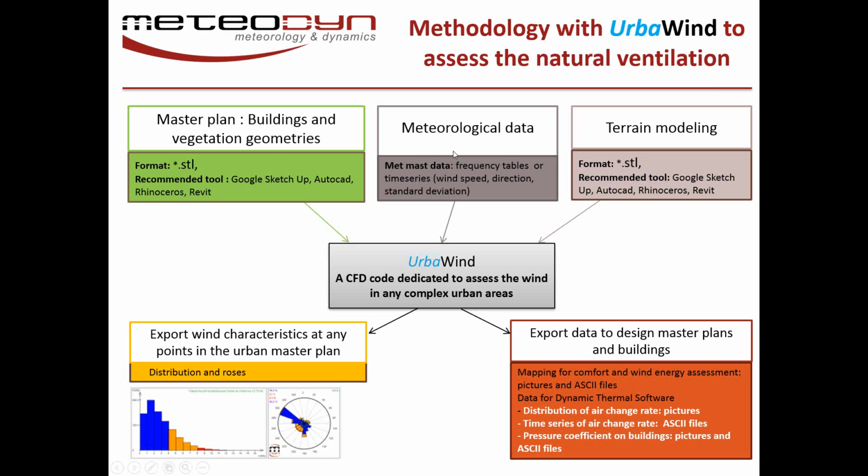You also need weather data, either a frequency table or time series. All of them are inputs for UrbaWind. Once you have computed the CP, you can first export the wind rose inside your master plan, but you can also export the CP on the buildings, compute the time series of exchange rates, and so on.